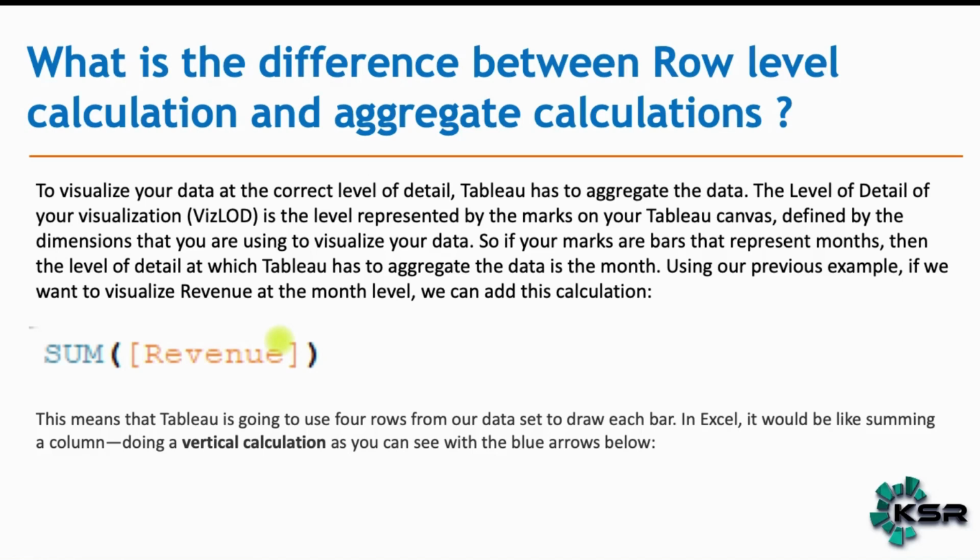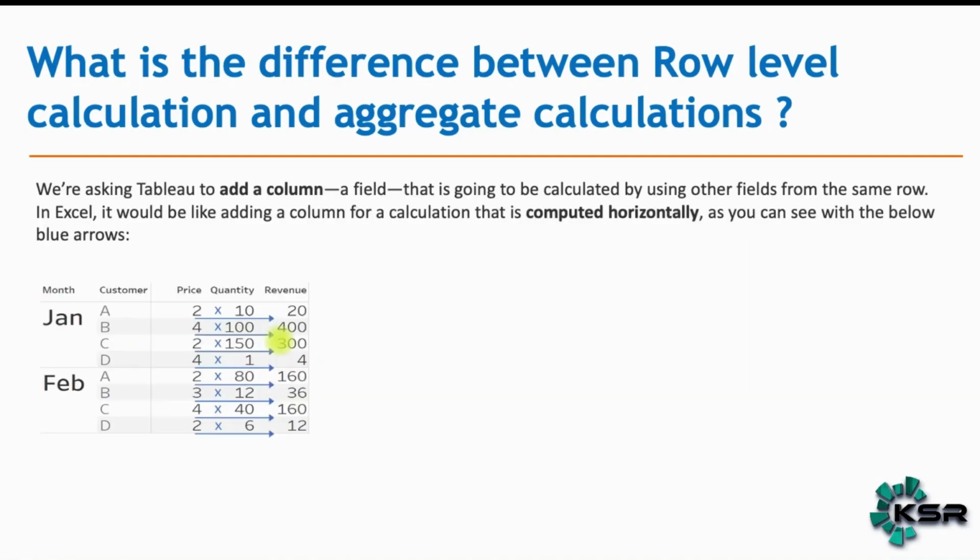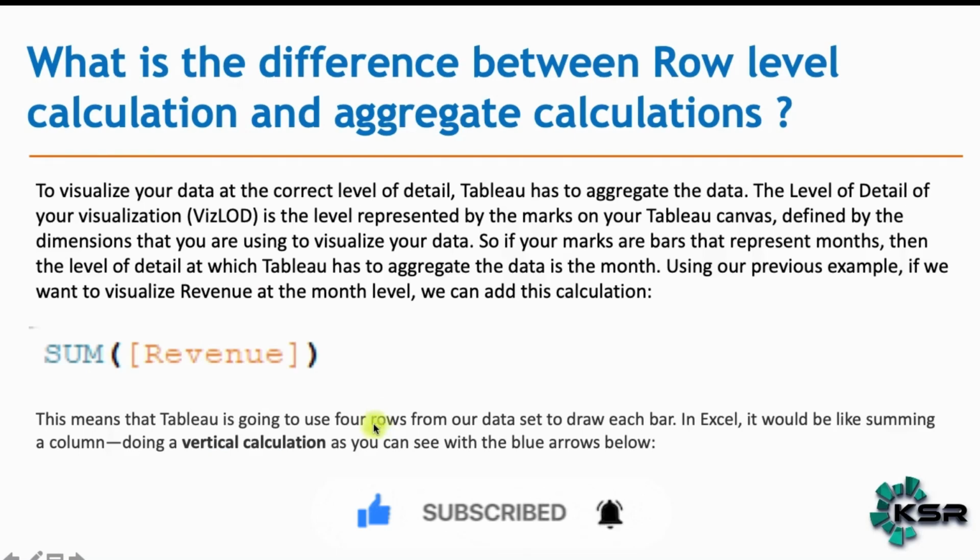Okay. So let's see how you want to visualize revenue at the month level. Now here, if you see at the month level, if you have to visualize the aggregation, then this all revenue should be aggregated, right, per month, right? So we can write just sum of revenue. Okay. When you write sum of revenue, it means that it is gonna aggregate the revenue measure by applying a sum function, right?